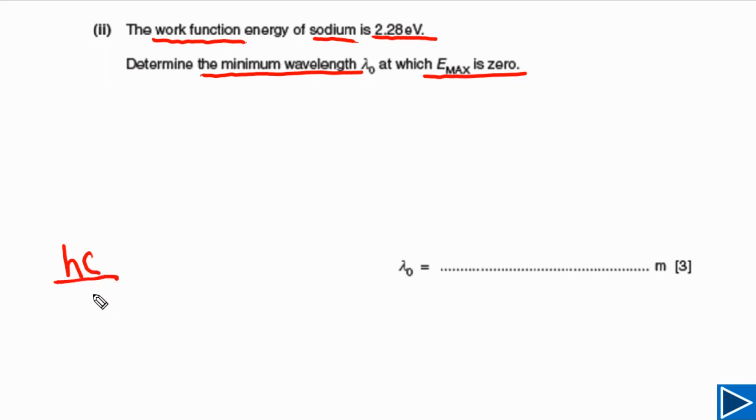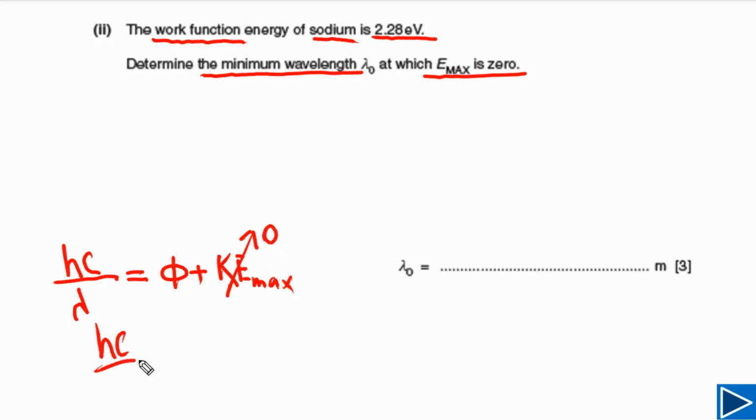So we can write again that hc over lambda, the energy of the photon, is equal to the work function plus the kinetic energy maximum of the photoelectron. In this question, the kinetic energy maximum is equal to 0. So simply we can say that hc over lambda is equal to the work function.